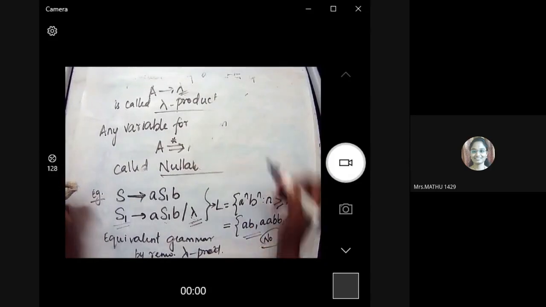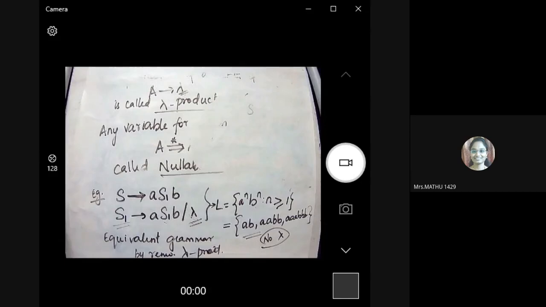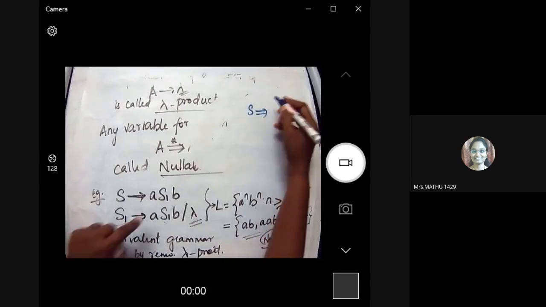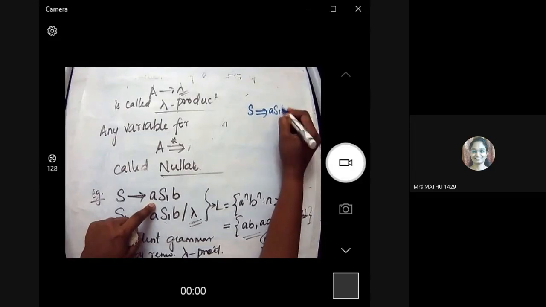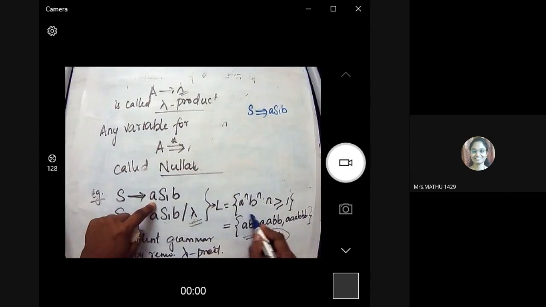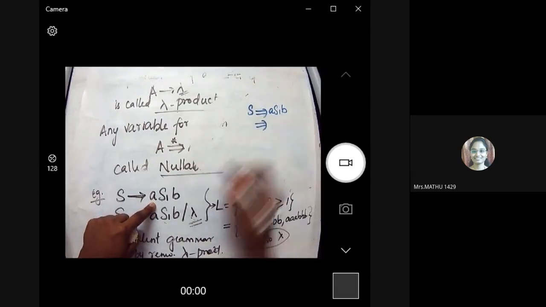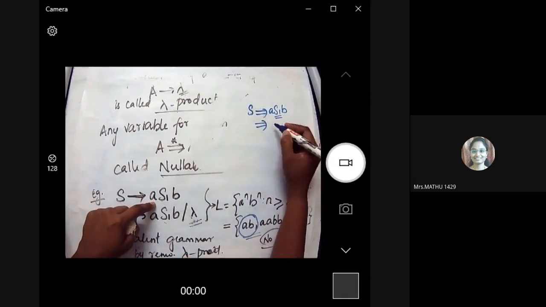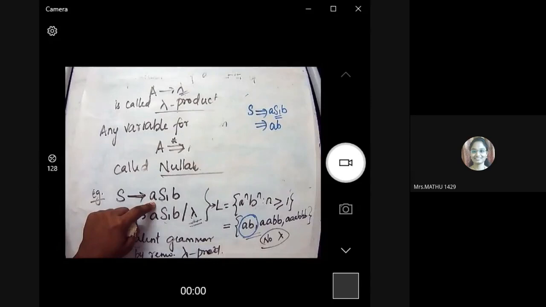For example, you start from the start variable. S derives A S1 B. If I want to generate this string AB, I can apply lambda to this S1 so that I will get AB.